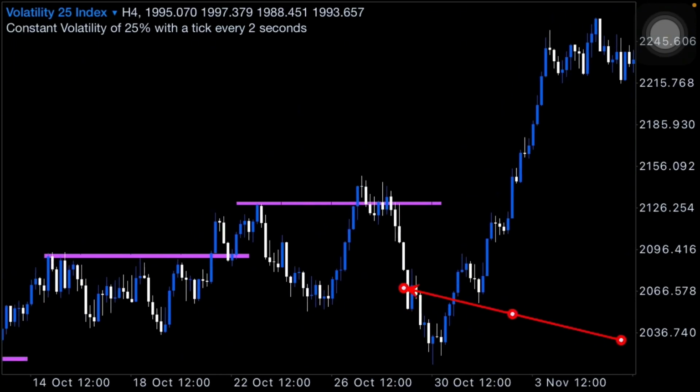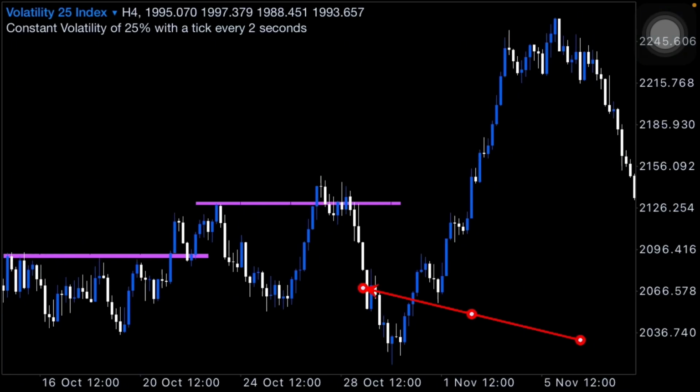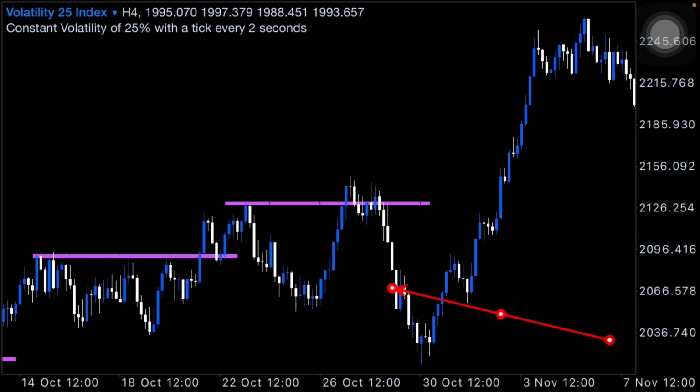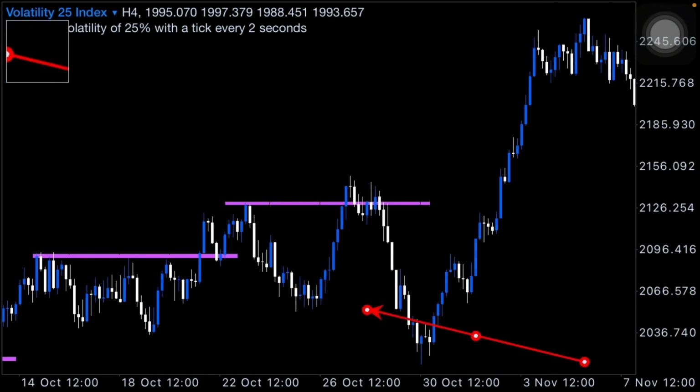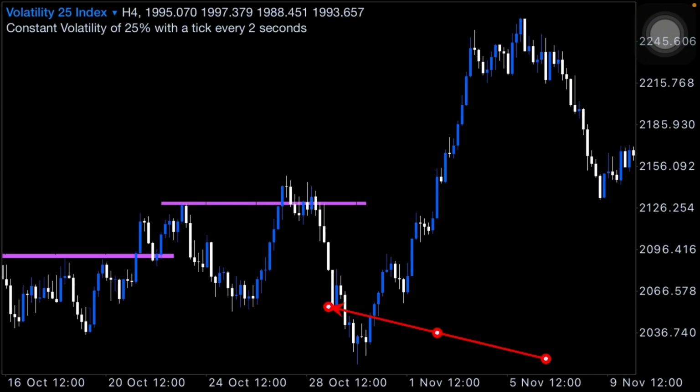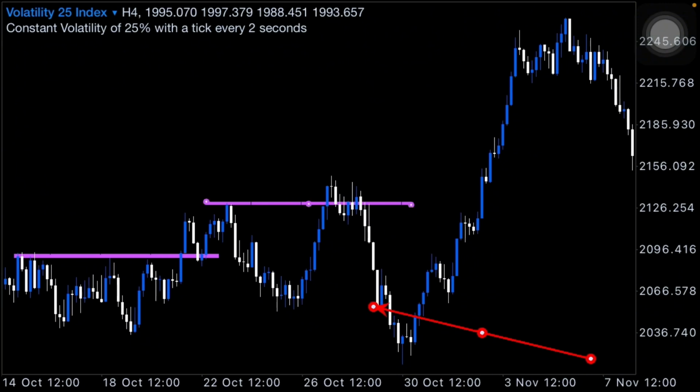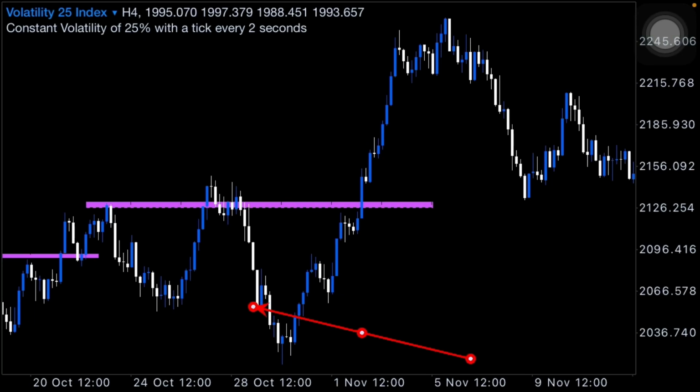Then it came back to take out this previous higher low. But the reason why the market did that, we will get there in a moment. So make sure to watch the video to the end and know why this move right here happened. This move right here happened as a result of something, and you'll get there in a moment.